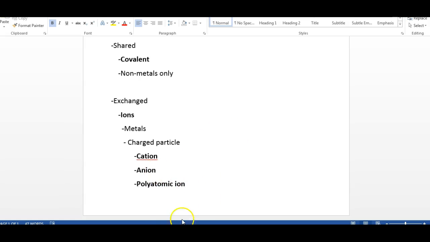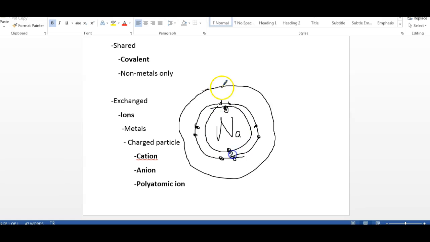Okay, so if you look at an element, a good example of a cation is, we're not going to do calcium, we'll do an easier one. We'll do sodium, Na. So sodium has 11.